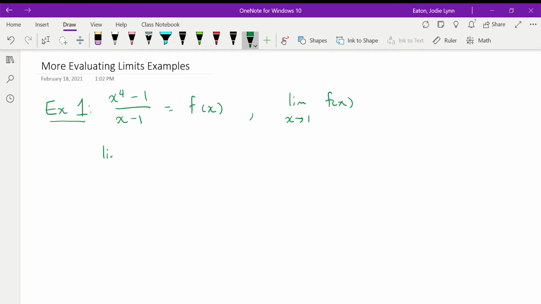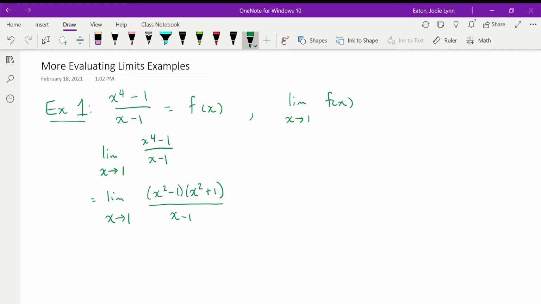So this is the limit as x approaches 1 of x to the fourth minus 1 over x minus 1. This is equal to the limit as x approaches 1. So our first trick is we have a rational function here. We're going to try factoring. So this is x squared minus 1 times x squared plus 1 over x minus 1.